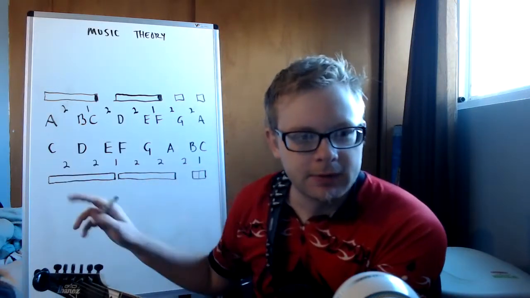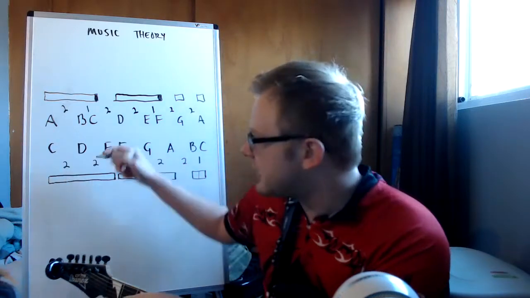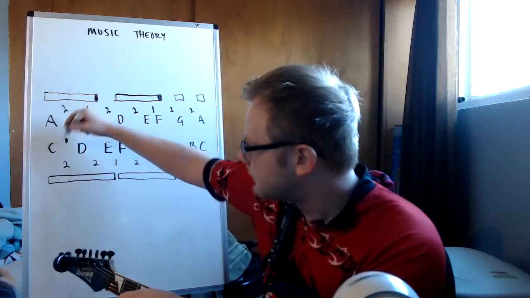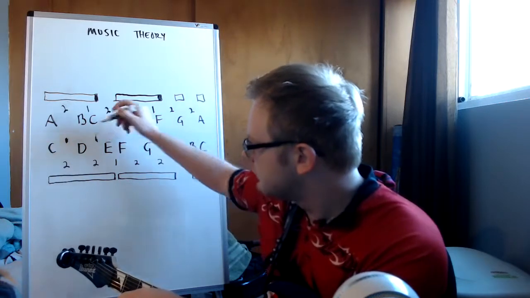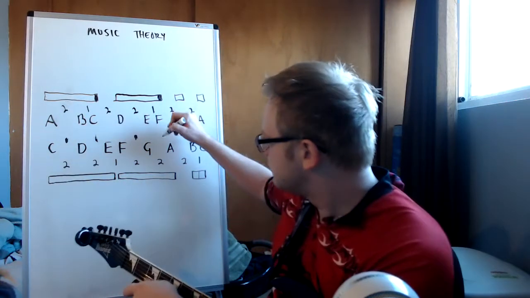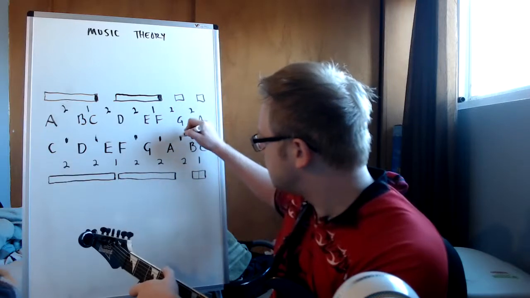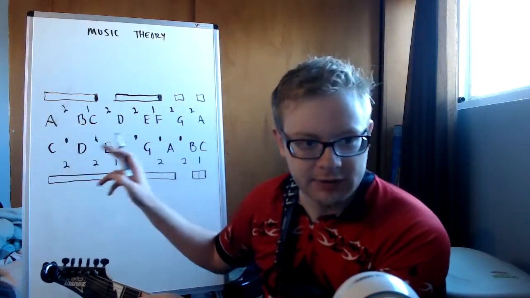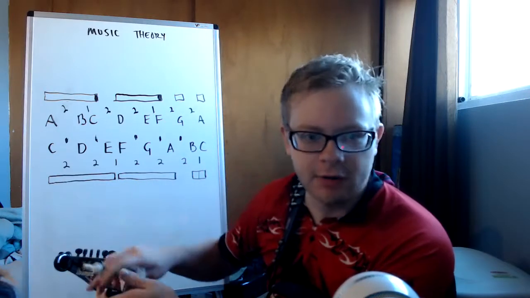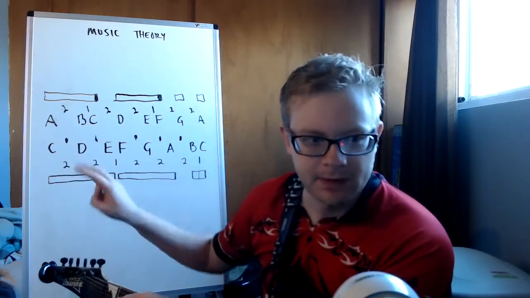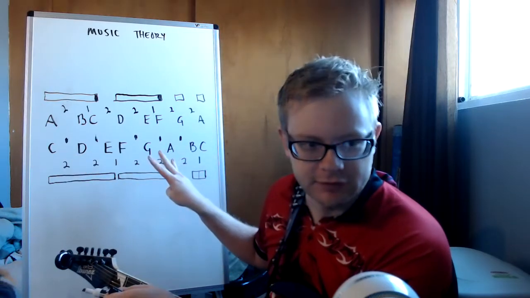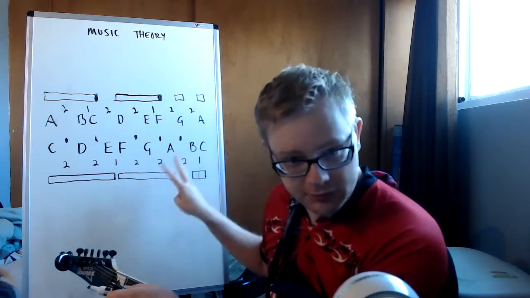Basically there's a black note in between here, here, here, here, and here. This is if you're looking at it on a piano. If you ever looked at a piano, you see a grouping of two black notes and then three black notes.